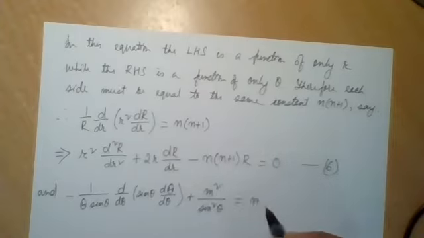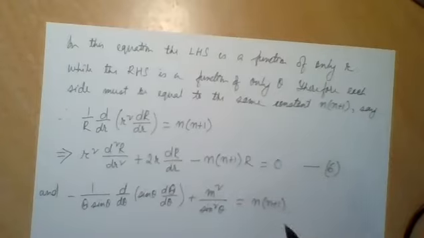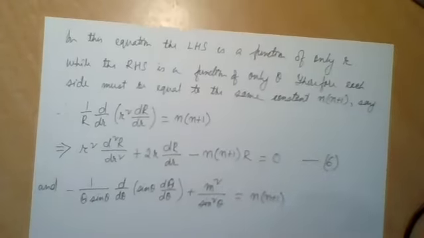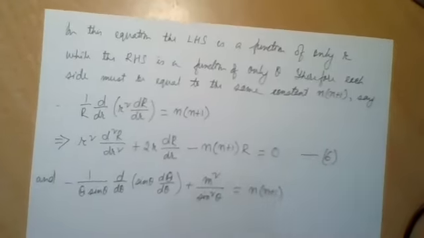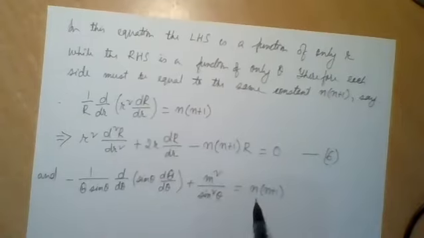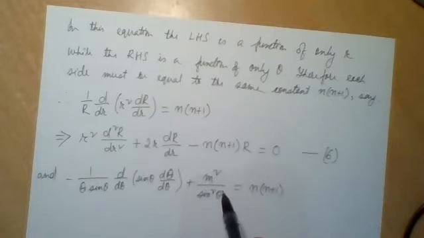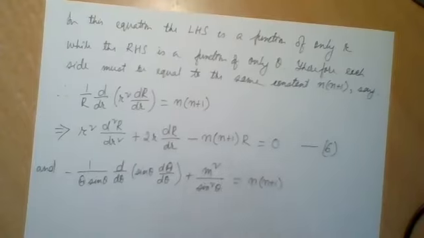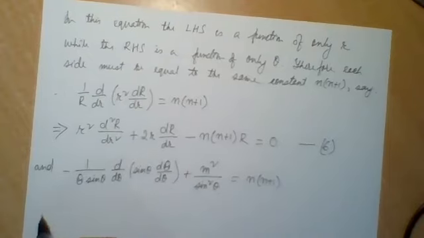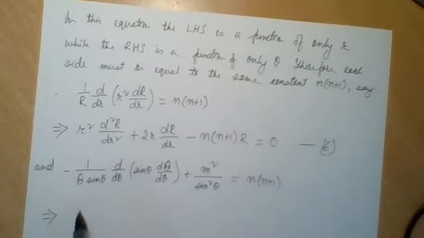This is equal to n into n plus 1. Now we multiply both sides by capital theta and bring it towards the left hand side.